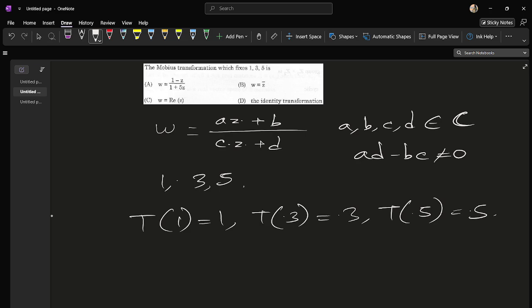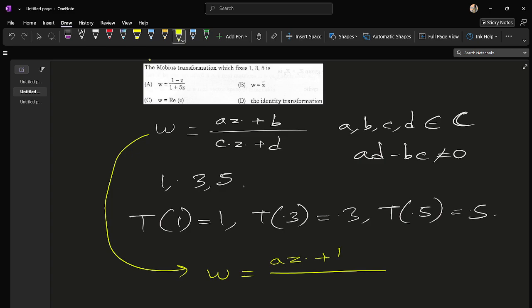Because if we take the transformation here, that means w equals (az plus b) by (cz plus d), setting w equal to z leads to a quadratic equation which has at most two solutions unless the transformation is trivial.